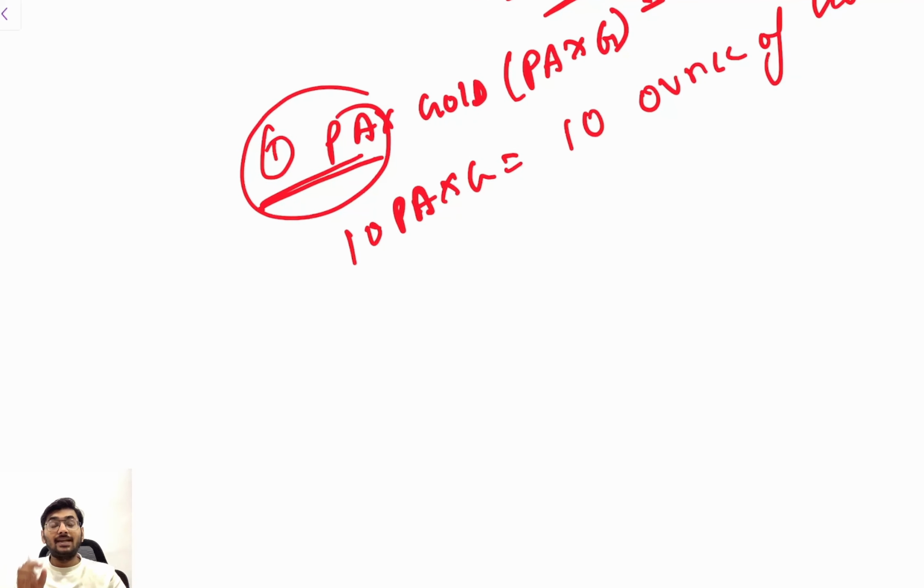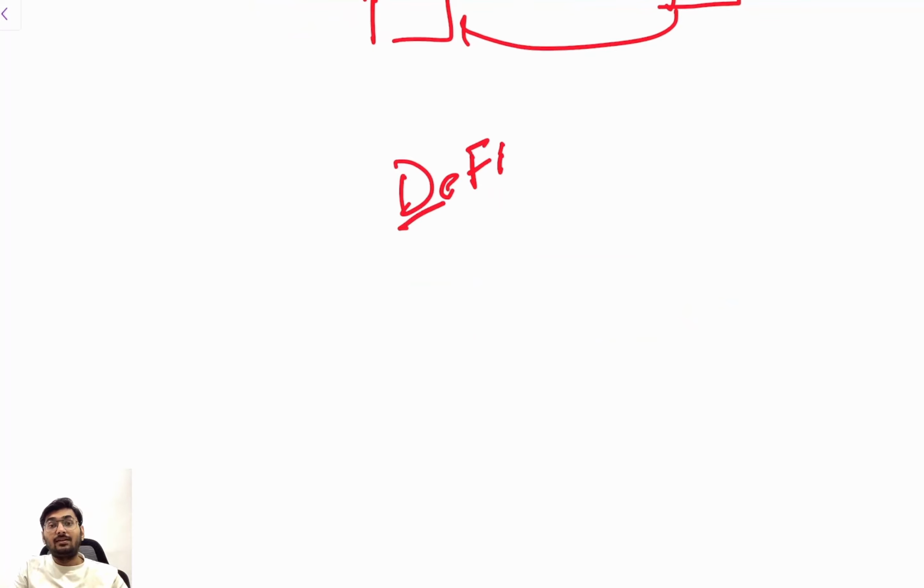Then what is this DeFi? We call this decentralized finance, basically one step ahead from where we are. From these smart contracts and tokens, a whole new concept came, DeFi.